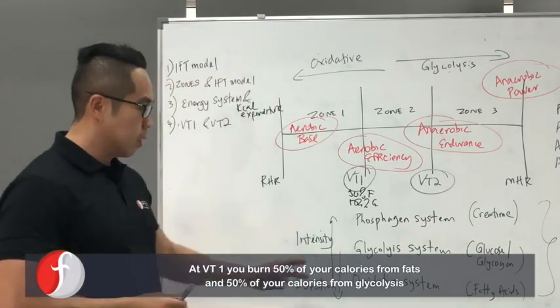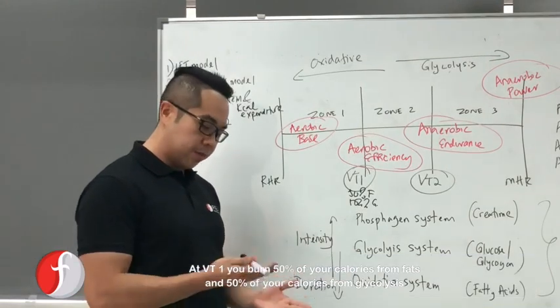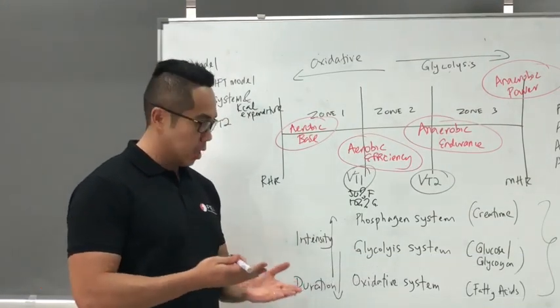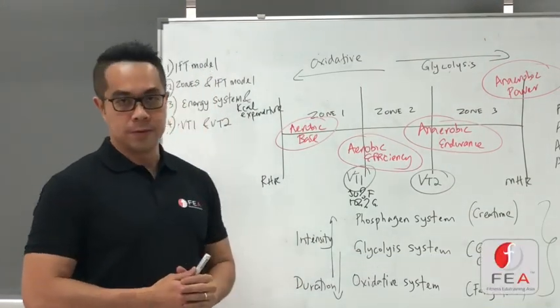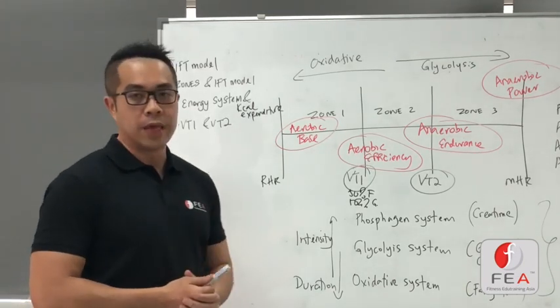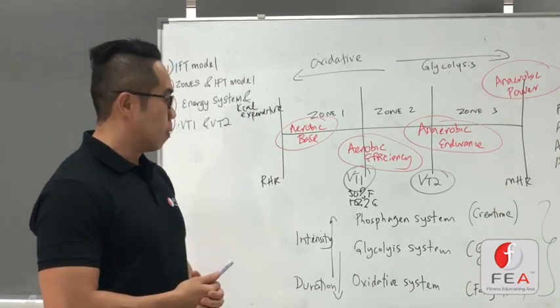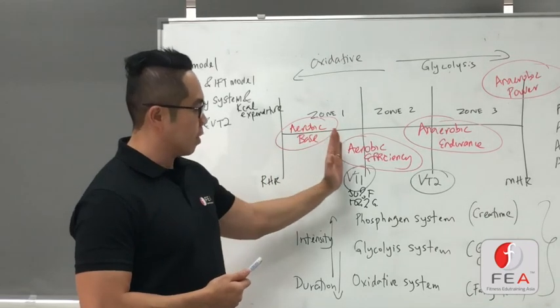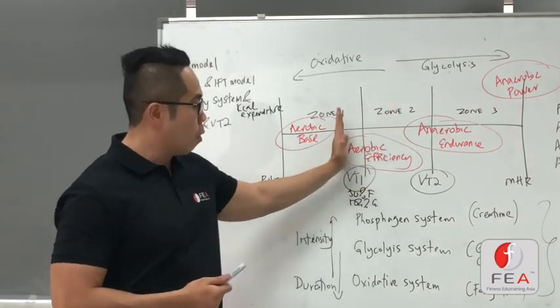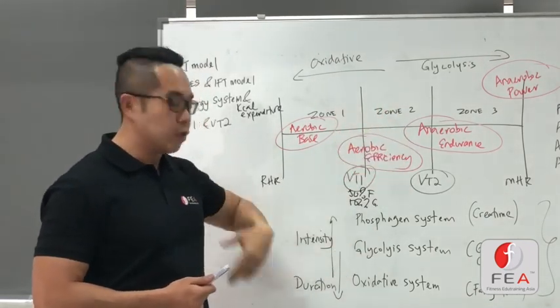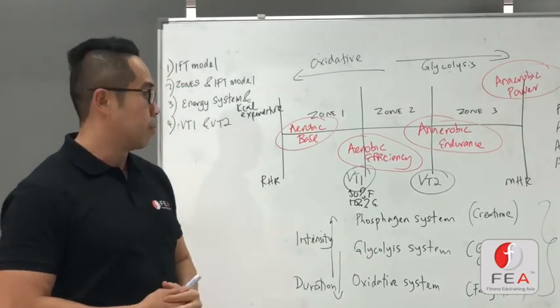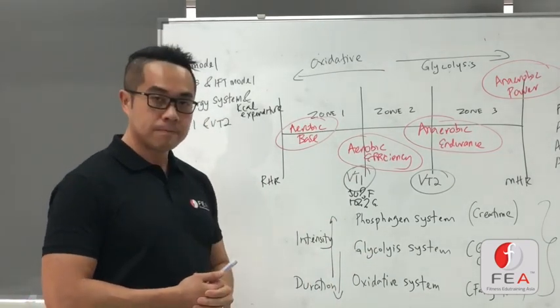That means these two systems are equally active in helping you make ATP. Why? Because when exercise intensity increases beyond VT1, glycolysis becomes the dominant system.